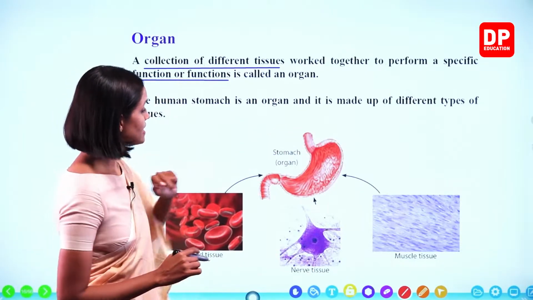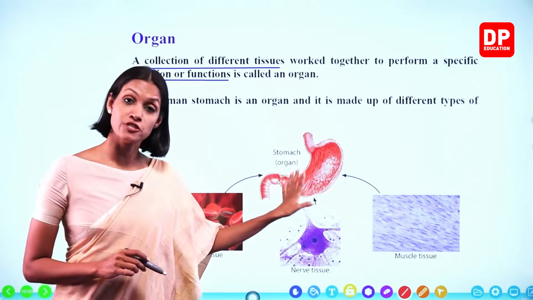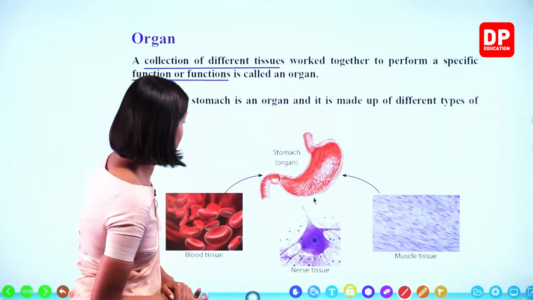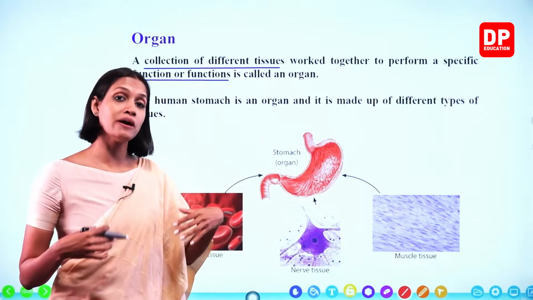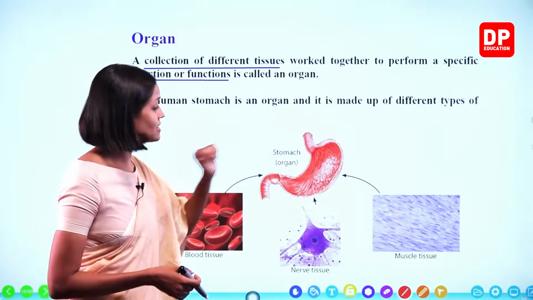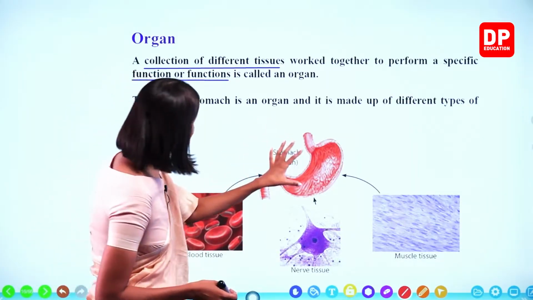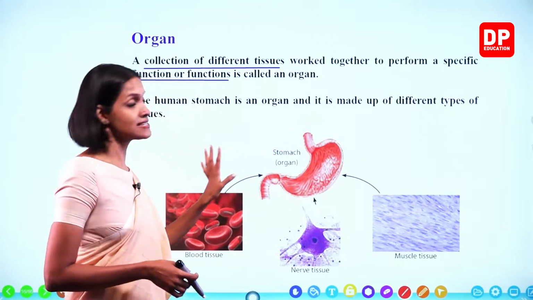Now what is this? This is a human stomach. When we learn about the digestive system, we are going to learn about this as well. The digestive system is made by combining a number of organs. One such organ is the stomach. When you consider the stomach, there are different types of tissues present in it, right?